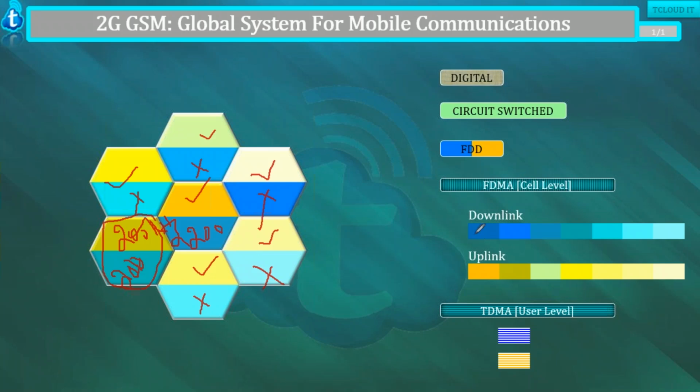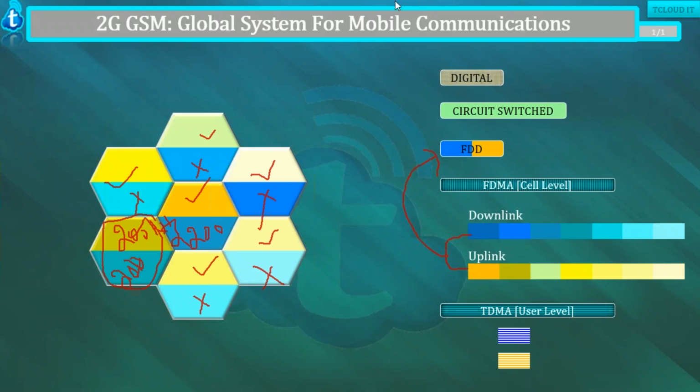Whenever there are two frequencies available, that is what we typically call FDD, frequency division duplex. Okay, so we have done the cell level division also by using FDMA.